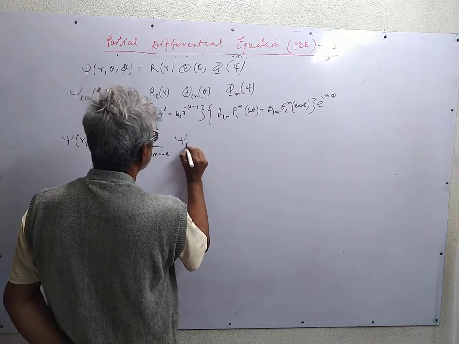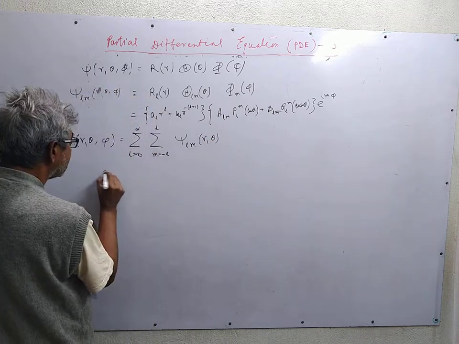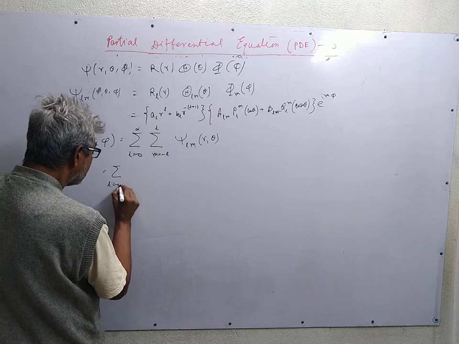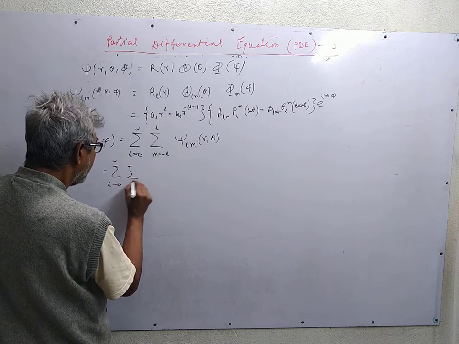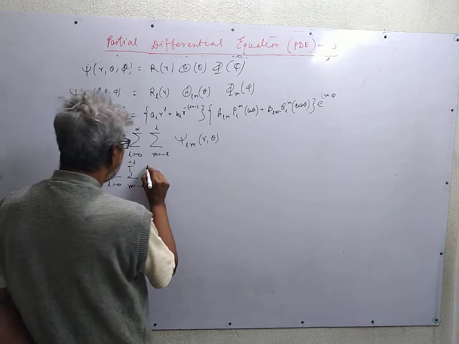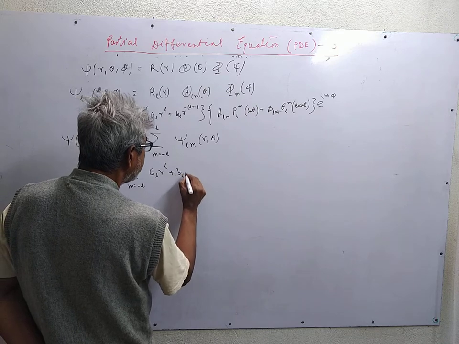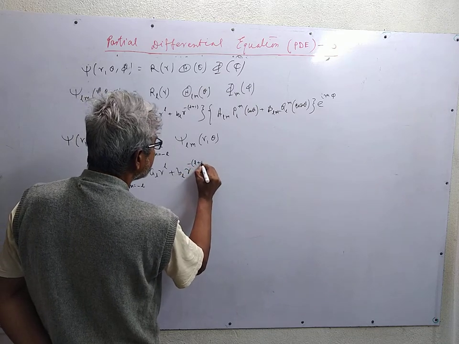So this is L equal to 0 to infinity, M equal to minus L to plus L. Then we have AL r to the power L plus BL r to the power minus L plus 1.